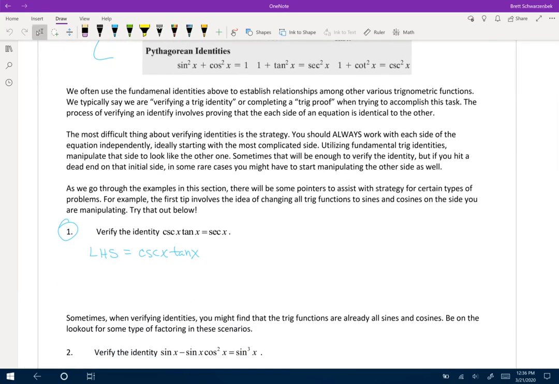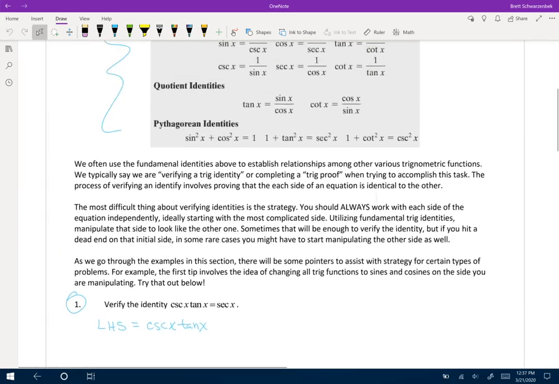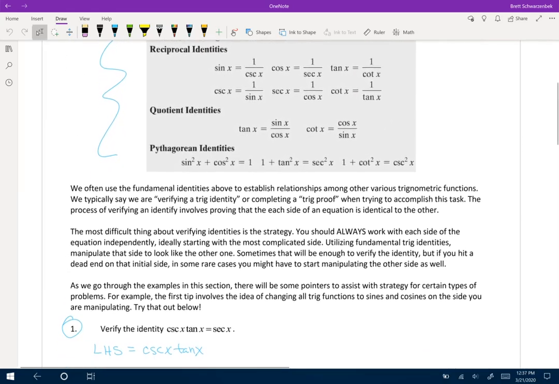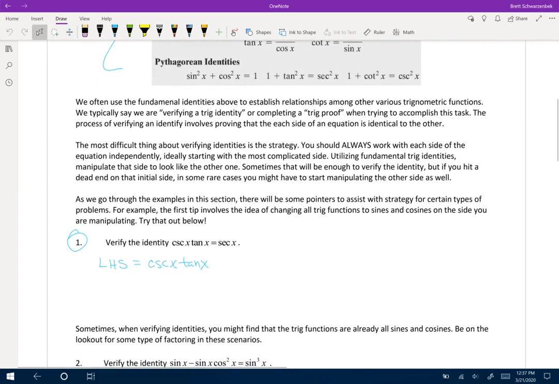Essentially, trig proofs are a puzzle. That's all they are. They're a puzzle. But they're puzzles that students don't like necessarily because it's mathematical. Mathematics are involved, and trig, but we basically want to work our way to secant x.